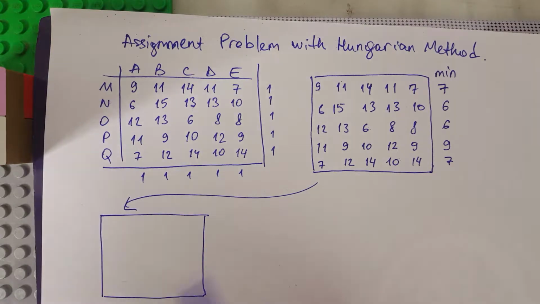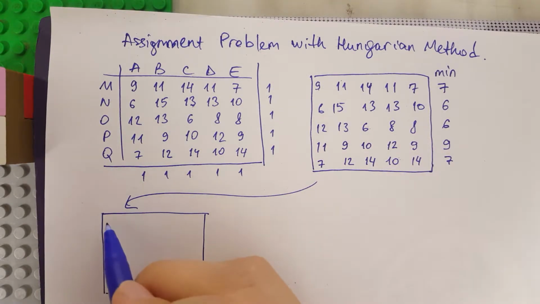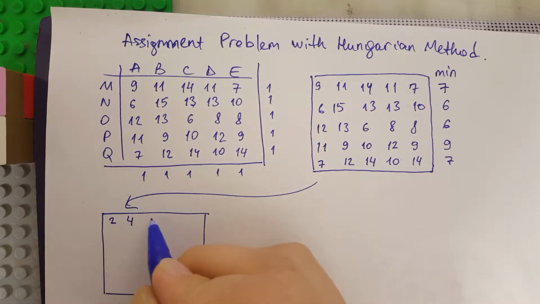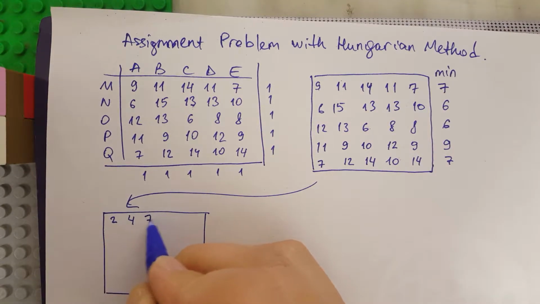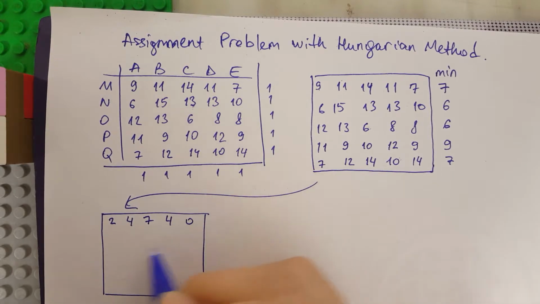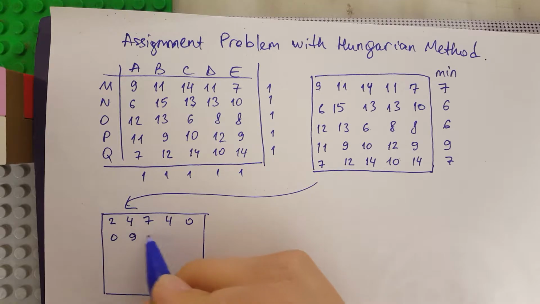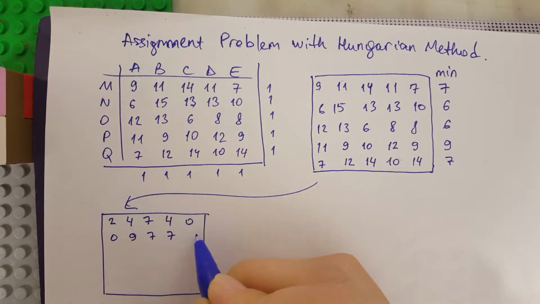So our new table will be like this: 9 minus 7 is 2, 11 minus 7 is 4, 7, 4 and 0. Here will be 0, 9, 7, 7 and 4.